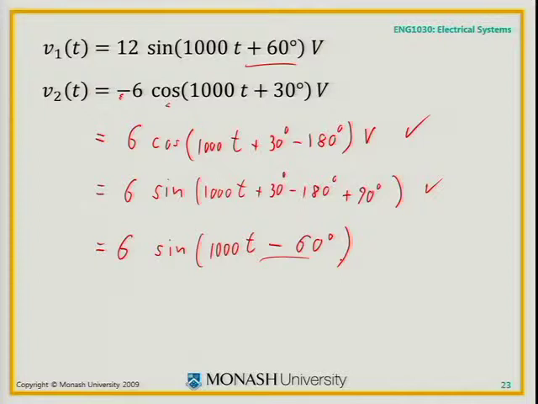I could have put plus or minus there, and if I'd put plus I might have got the 240 instead, and that would also have been fine. You're not doing anything wrong if you get that, it just wasn't one of the answers I had up in this case.